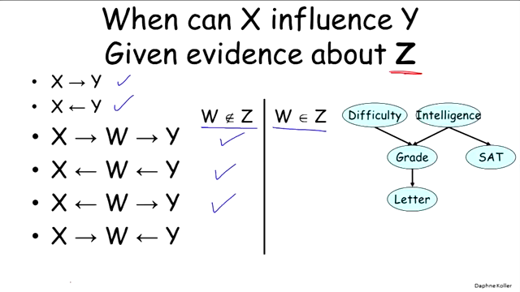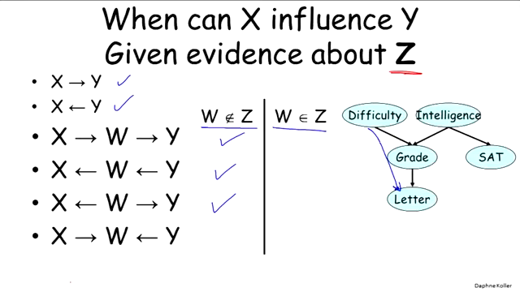The intermediate variable through which the influence flowed was not observed, and therefore there's no reason why observing X can't change things. Before we go down to the final case, let's contrast these three cases with a case where W is observed, W is evidence. So now let's consider, for example, this trail over here where difficulty influences the letter via grade. So this is not an edge in the Bayesian network.